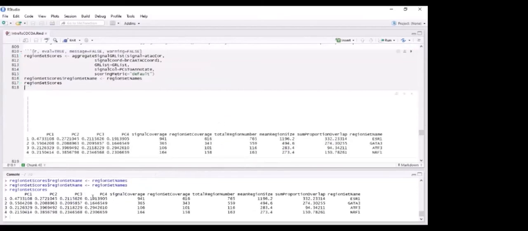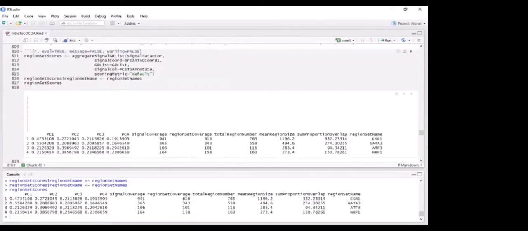And so here we see that basically the DNA methylation in estrogen receptor and GATA3 region sets has very high correlation with PC1, less so with the other principal components. You might notice that actually for PC2, NRF1 and ATF3 have higher COCO scores.